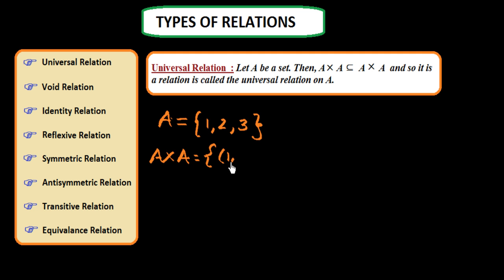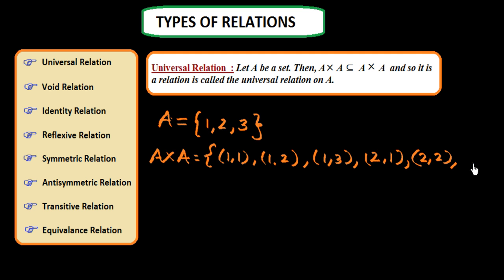It is (1, 1), (1, 2), (1, 3), (2, 1), (2, 2), (2, 3), (3, 1), (3, 2), and (3, 3).